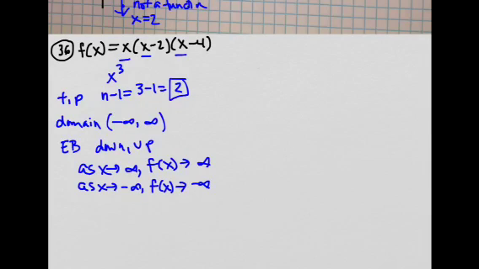That's how you would write it mathematically. And then because the ends go in opposite directions, because it's going to be something like this, then the range is also all reals.